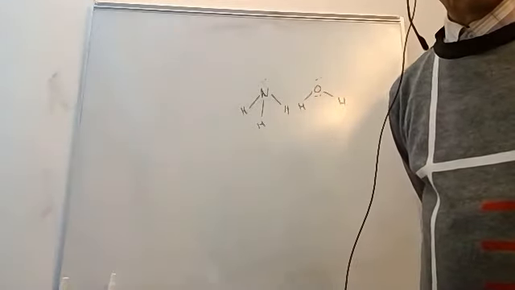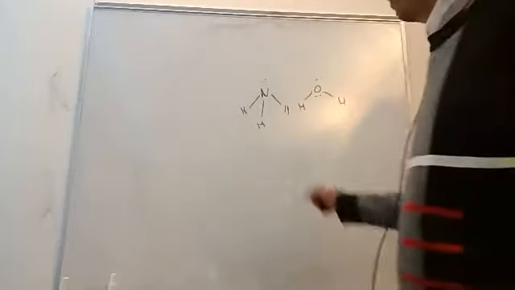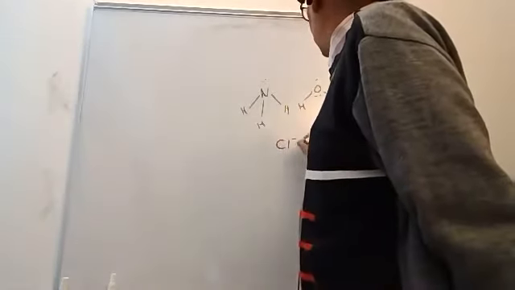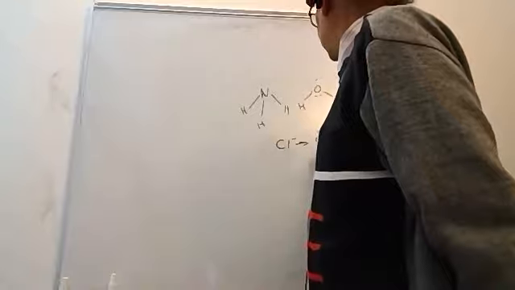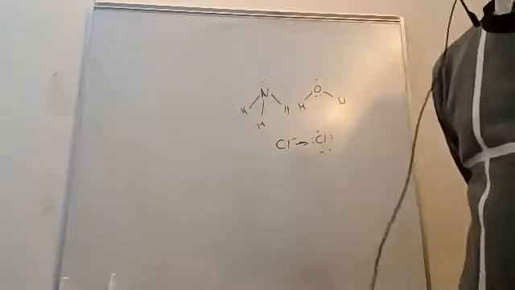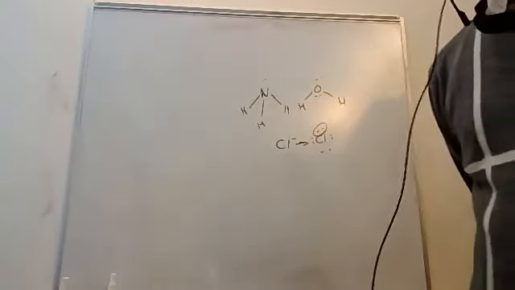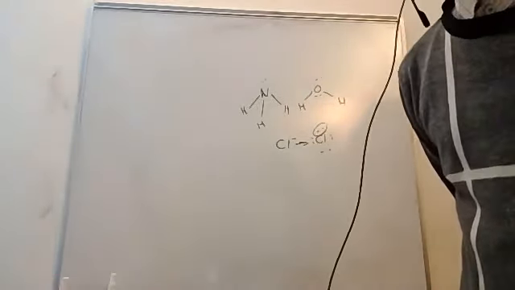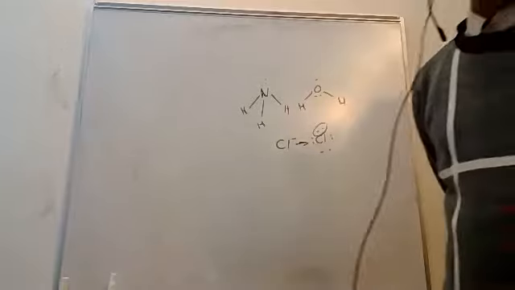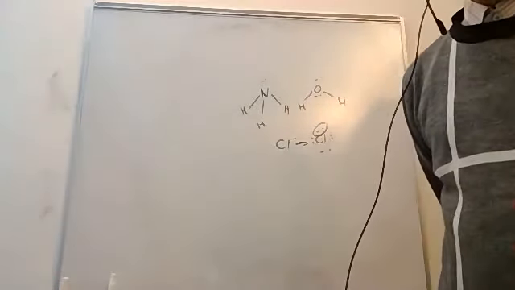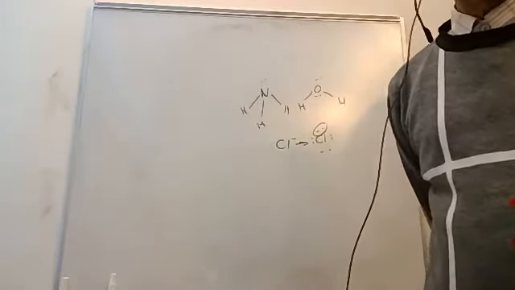Or if I have chloride ion, chloride ion has an octet arrangement like this, and it has a pair of electrons that can be donated. So practically anything that has a pair of electrons to donate can serve as a ligand.